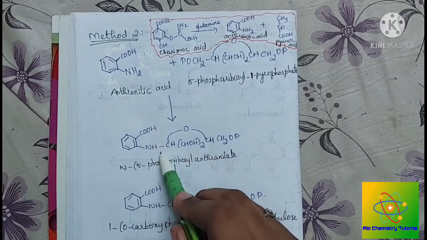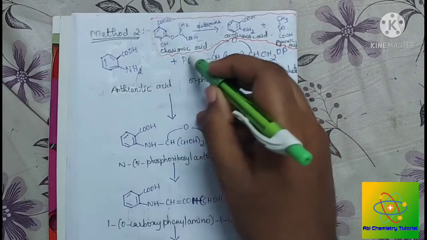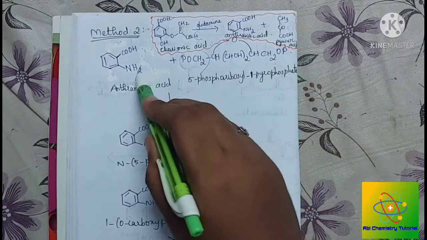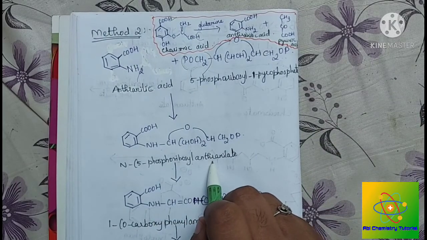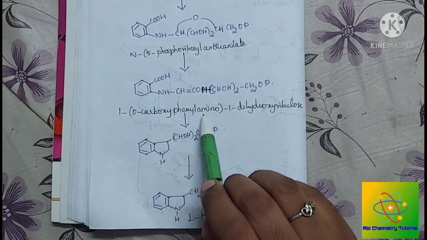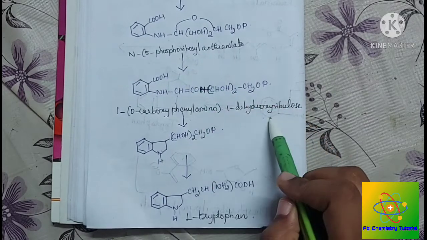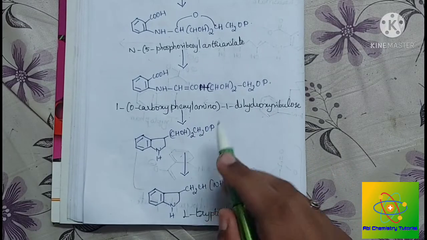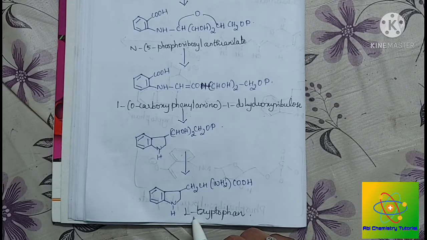Along with this anthranilic acid, as you can see here, one hydrogen is removed, and this portion is also removed, and the others are attached to this nitrogen. So we get N5-phosphoribosyl anthranilate, and from this we get 1-(o-carboxyphenylamino)-1-deoxyribulose. From this we get another compound, and from this again another compound, and finally we get L-tryptophan. So this is method 2, the biosynthesis of tryptophan from chorismic acid.